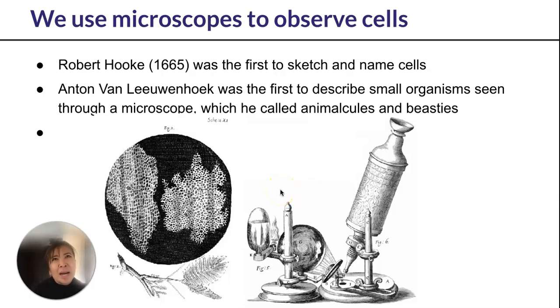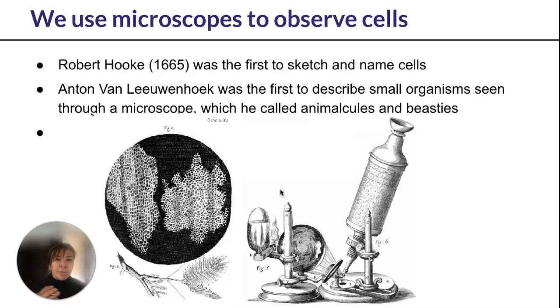So you can imagine that this was a while ago when dental hygiene wasn't as frequent. Not that we don't have bacteria in our mouth now, we do too, but he probably had a lot of bacteria to look at. So he called these animalcules beasties. And then as time progressed, microscopes got more and more powerful.